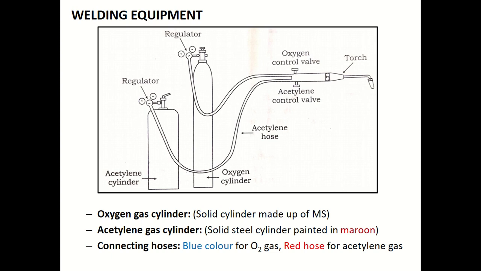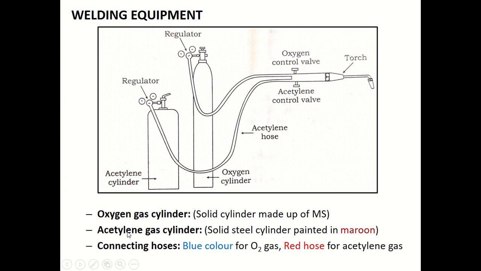Please note that the cylinder needs to be always kept upright. As in the figure, you can see the cylinder is provided with a pressure regulator. The oxygen is stored at high pressure inside the cylinder, and the pressure regulator helps in supplying the oxygen at regulated pressure for the welding purpose.